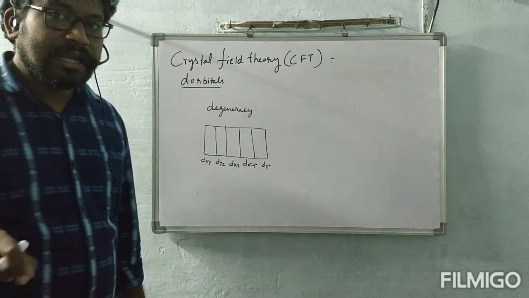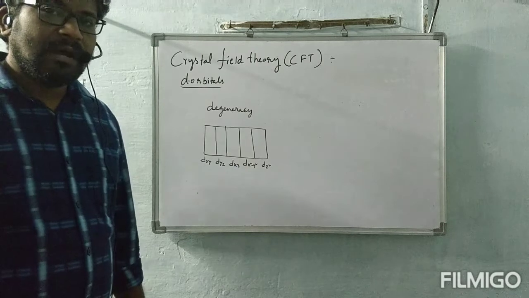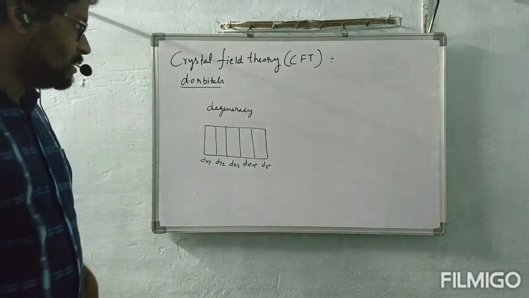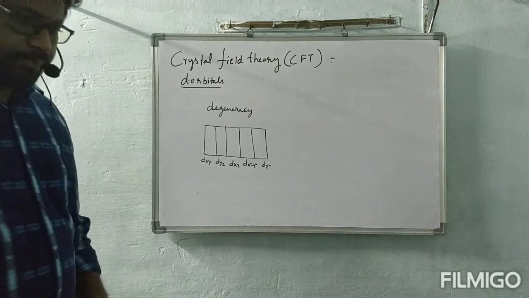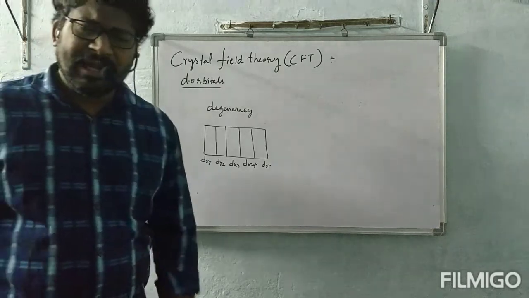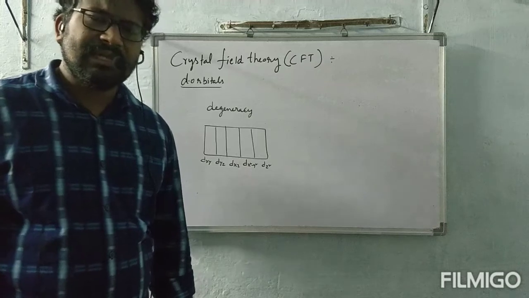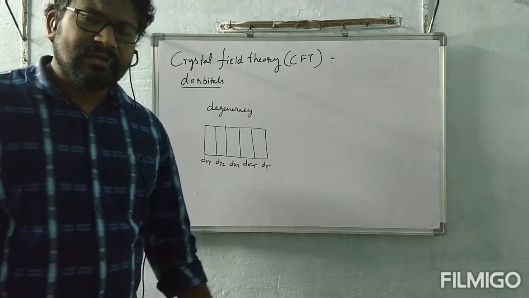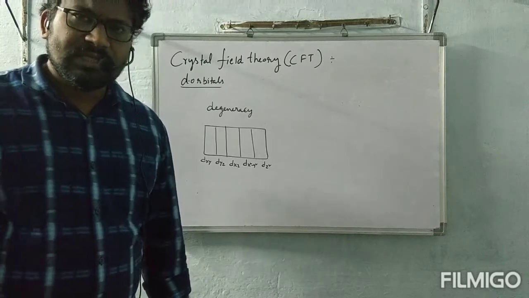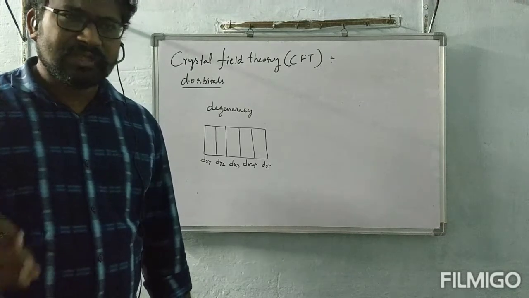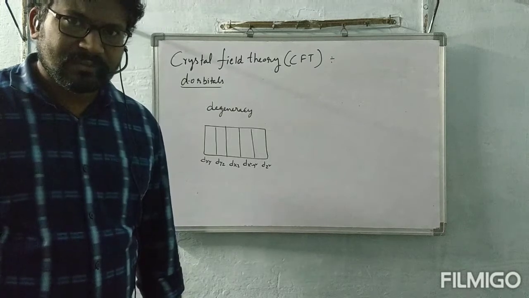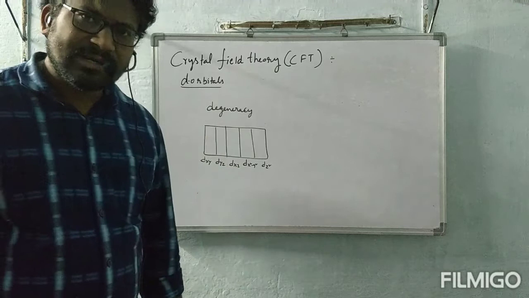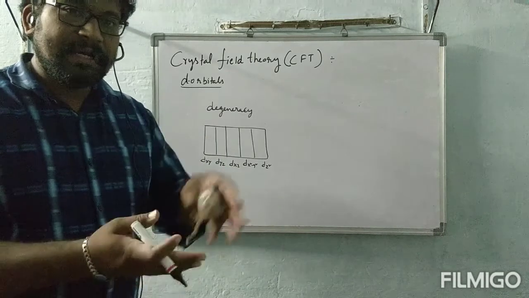Till how much extent do they have degeneracy? In the absence of any field from outside, meaning any magnetic field, any ligands, anything. Suppose when ligands are approaching, these 5 d orbitals will not have the same energy. Splitting will happen.